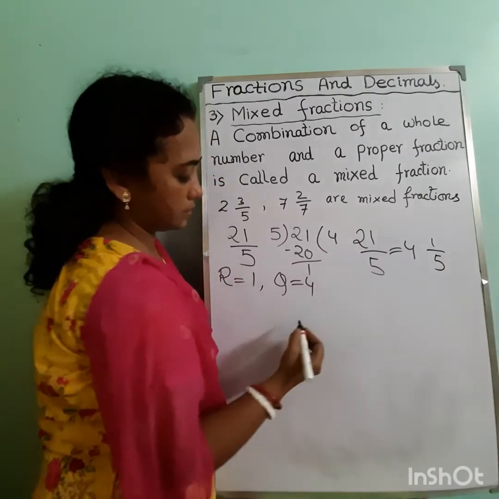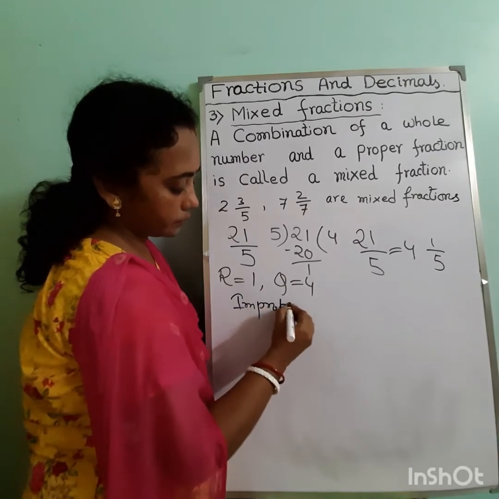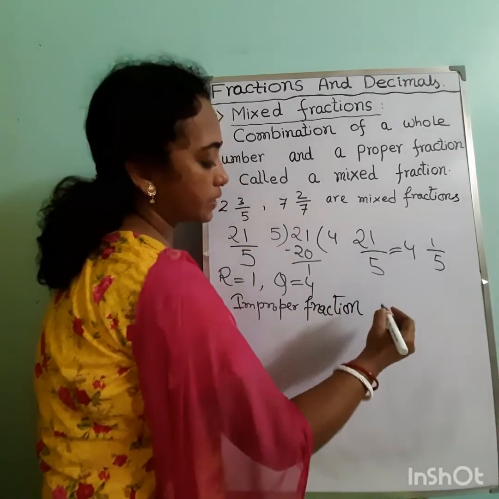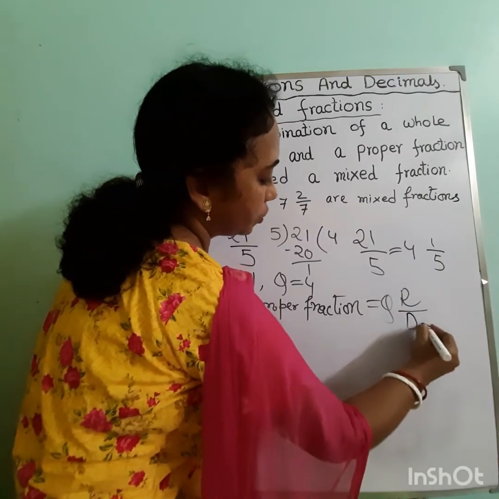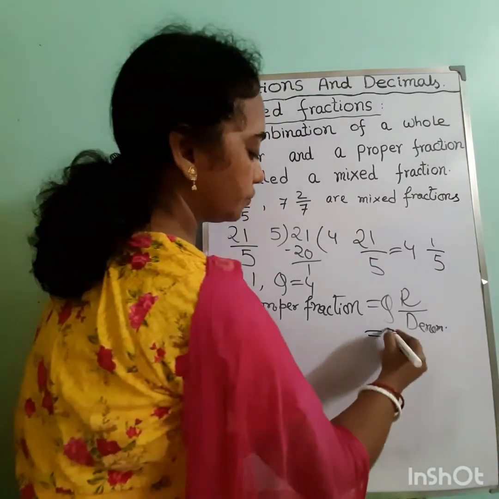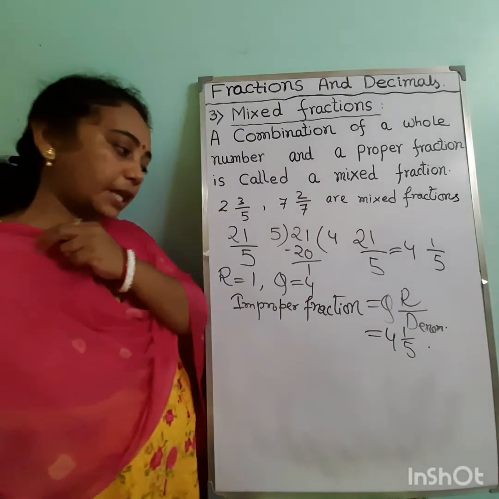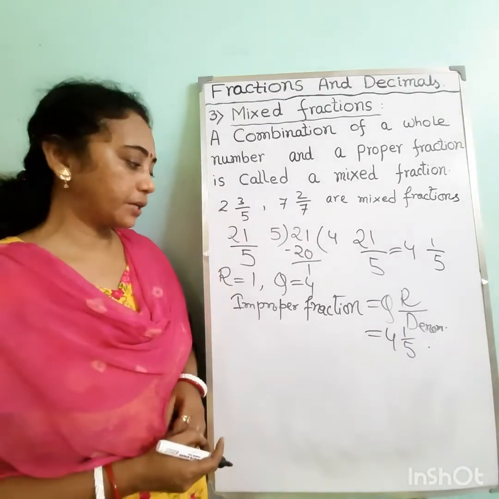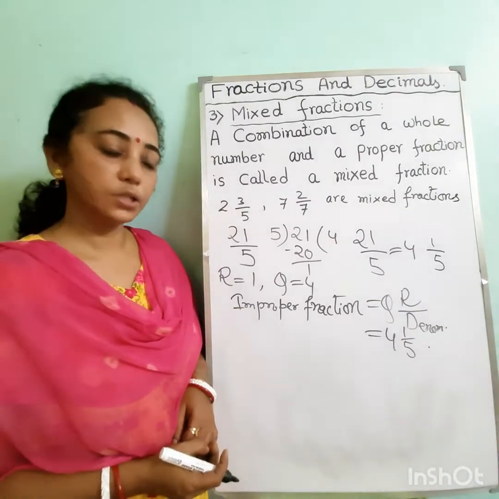So the formula is that an improper fraction becomes a mixed fraction if we write the quotient whole of remainder by denominator, which is written as 4 whole 1 by 5. So we write the quotient first, then remainder by denominator.